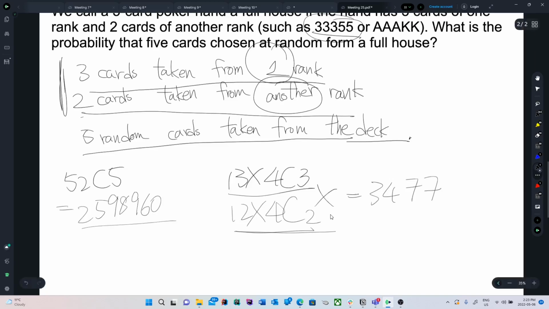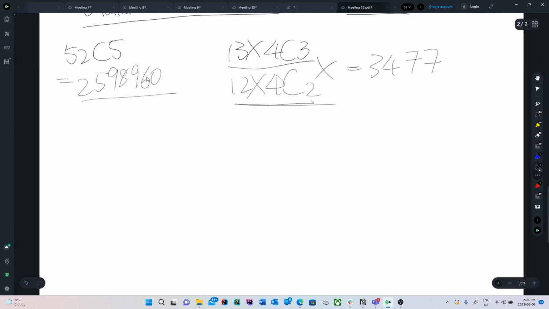So this is going to be our total possibilities, and this is going to be our possibilities of successful cases. And in the end, we're going to get this. This is our final answer.